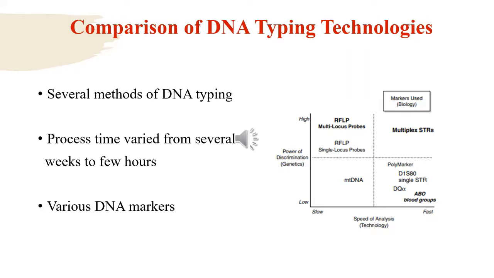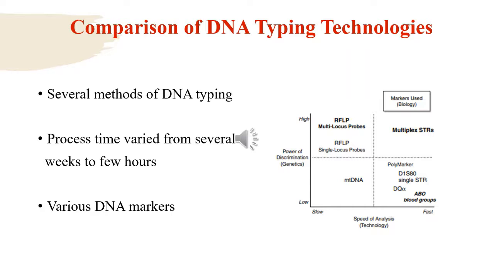It only gives information about the exclusion of an individual from the crime. Multi-locus RFLP probes are highly variable between individuals, but require a great deal of labor. Multiplex STR markers are valuable because they can produce highly discriminating results from small and degraded DNA.